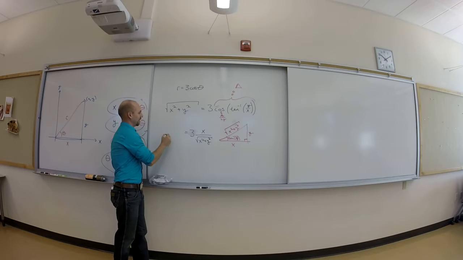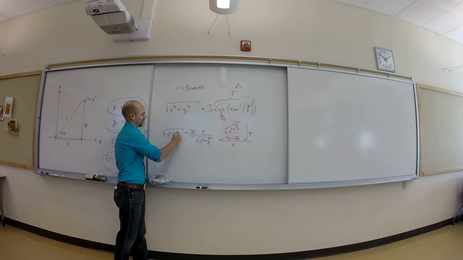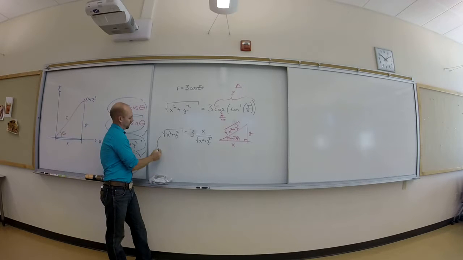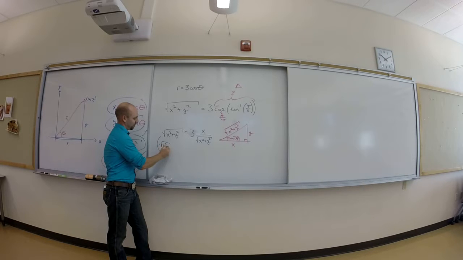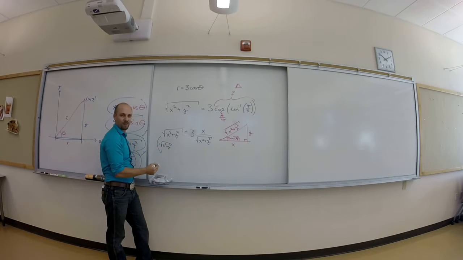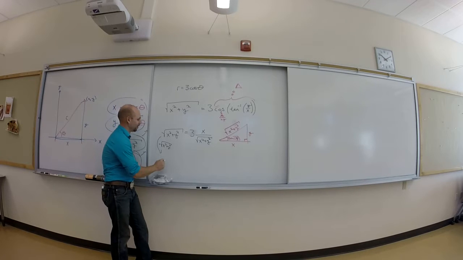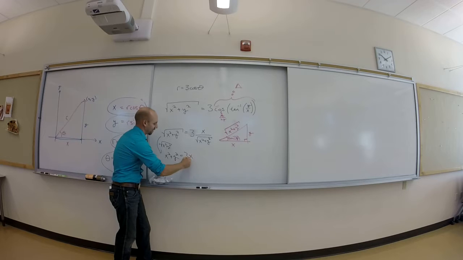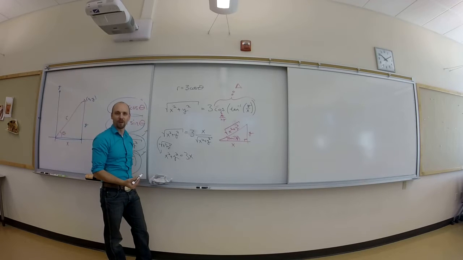And then over here, I still have the square root of x squared plus y squared. And then we could what? Multiply both sides by the square root of x squared plus y squared, which will give you x squared plus y squared equals 3x, which is what we got before, so awesome.